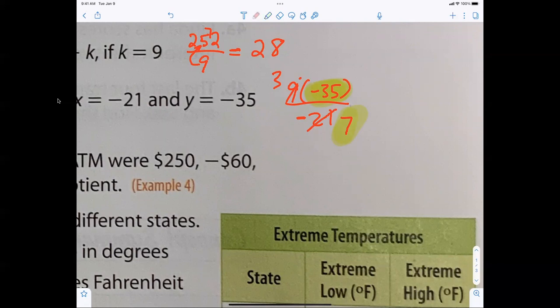So now, final answer. How did you get that? Yeah, but you're multiplying them, because this is 9 times 35 divided by 21. That's what? Yes. And there were two negatives, so it's positive.